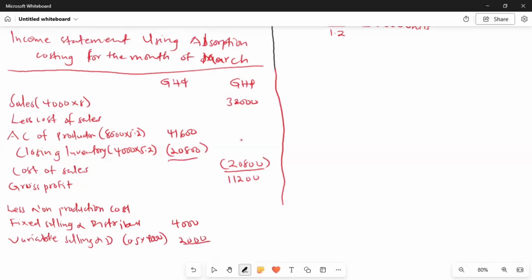So 4,000 plus 2,000 gives us 6,000. So 11,200 minus 6,000 gives us 5,200, which is our net profit under the absorption costing for March.